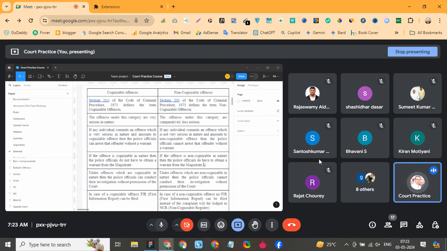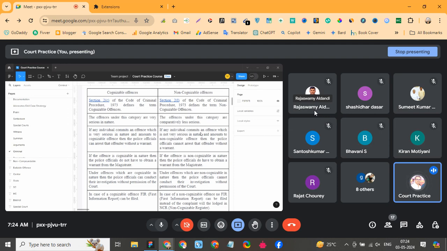If any complaint is registered before the police station and the police authority has the power to investigate the matter and arrest the person without court's permission, in this scenario we can say it is a cognizable offense, meaning that offense is serious in nature, and that is why we give the authority to the police, so they can arrest any person without warrant and start the investigation in that case without permission of the magistrate.